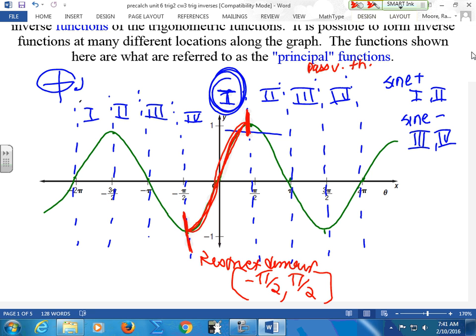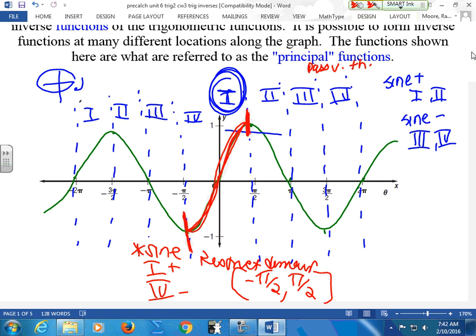Now, if you take a look at this little piece of curve, now with your restriction, where is sine positive? Which quadrant? 1. Where is sine negative? 4. So sine is positive in 1, negative in 4.